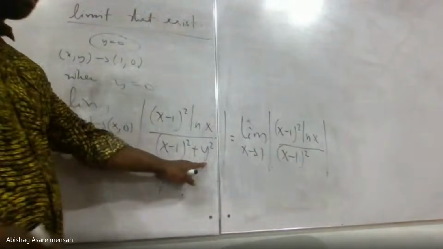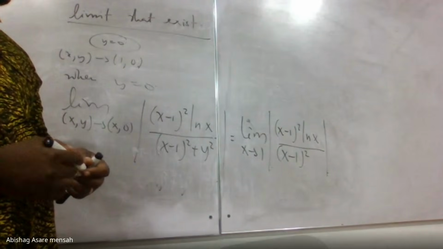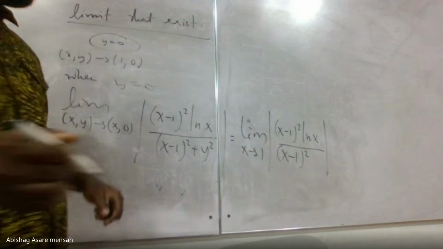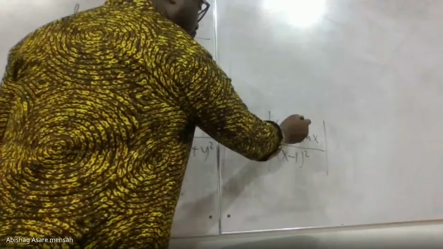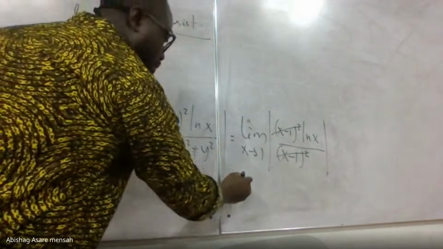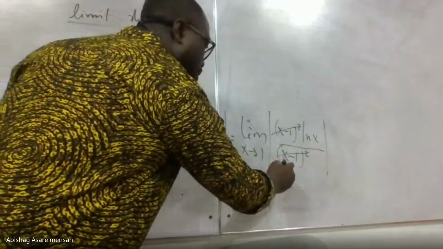Once y is 0, y will go off. Then we can now cancel this effect. When we cancel that, we can now find our limit as x approaches 1.